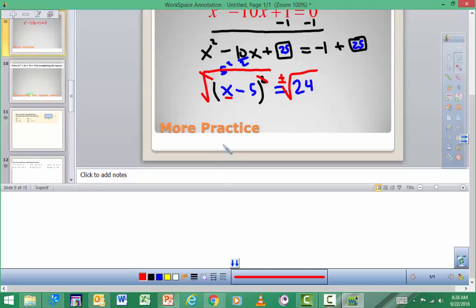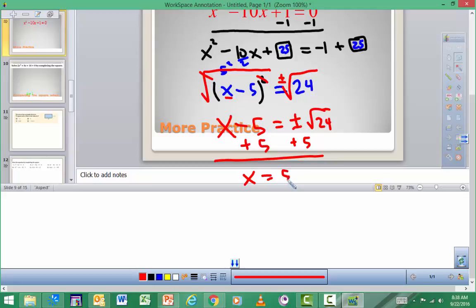And so we get simply x minus 5 right here is equal to plus or minus square root 24. Okay? And so then finally we can move the 5 over by adding 5. And this gives us x is equal to 5 plus or minus the square root of 24.